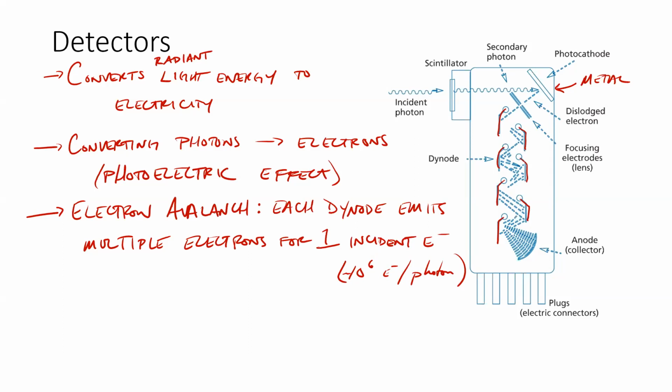Keep in mind, you need a whole lot of electrons to really see some signal. And so we still need more than one photon. These detectors are not going to detect individual photons. Okay. And so for this one with 7 dynodes, right, that's where we might see millions of electrons.